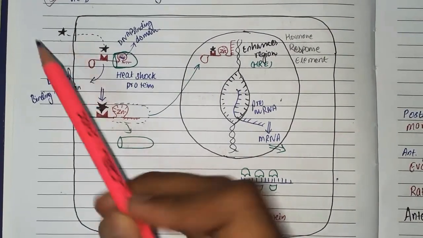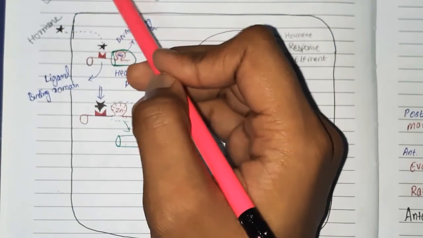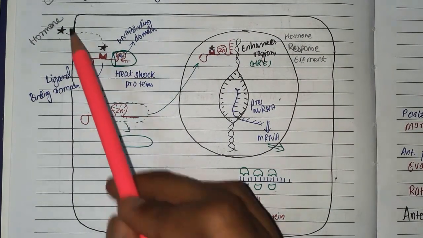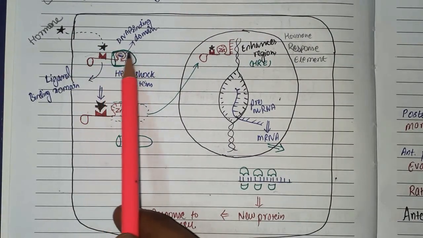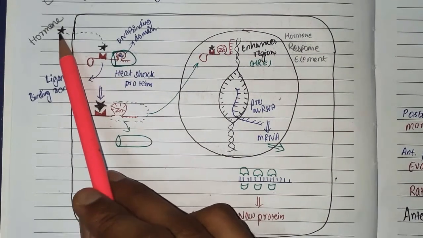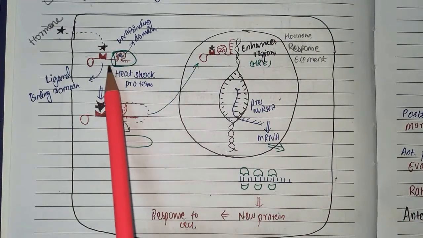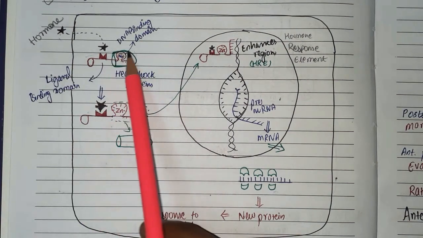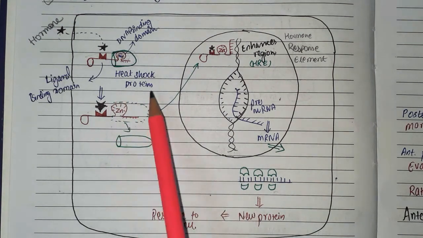This is the ligand, or the hormone. It can be anything: steroids, thyroid hormones, or vitamin D. It can easily pass inside the cell, and the red thing that you are seeing here is the intracellular receptor. When there is no hormone or ligand, the DNA binding site of the receptor is covered by a protein known as heat shock protein.